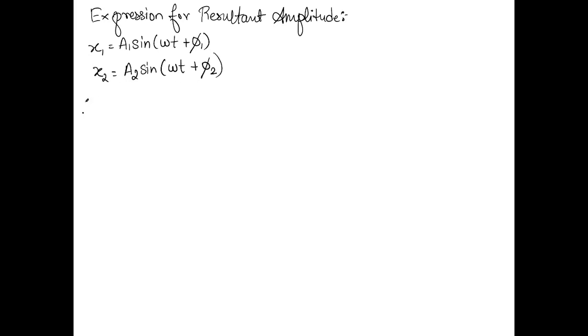What is the value of x then? Therefore x equals x1 plus x2.